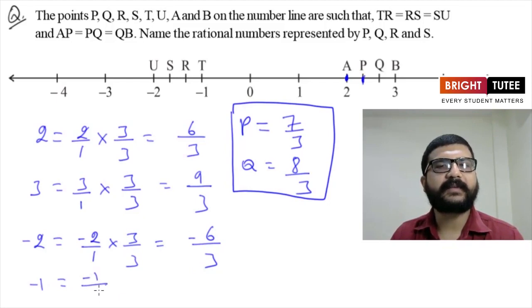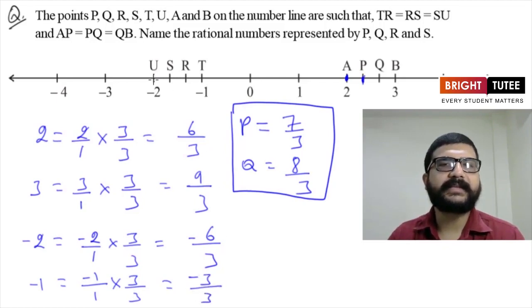This can be written as -1 upon 1 into 3 upon 3. Now this is -3 upon 3. So here U is -6 upon 3 and this number T is -3 upon 3.